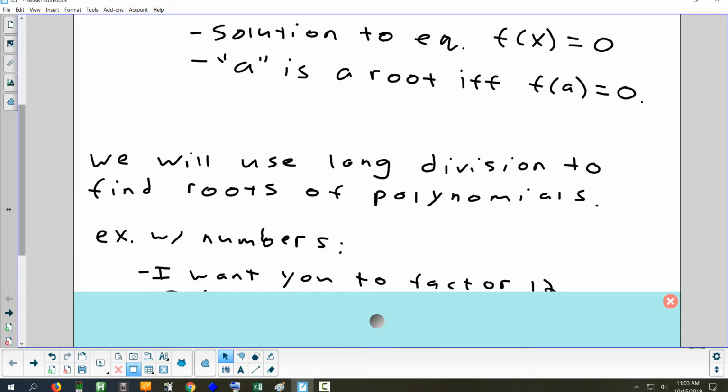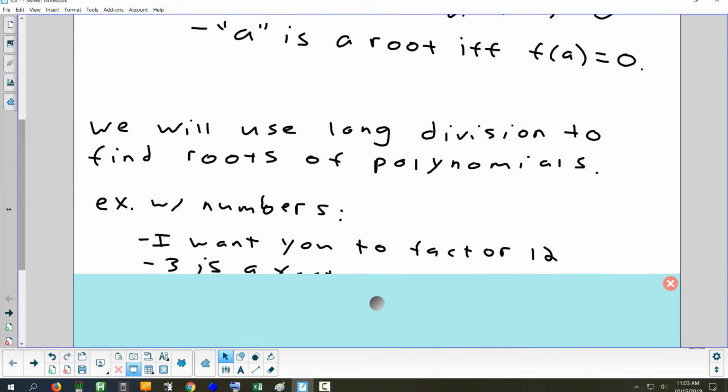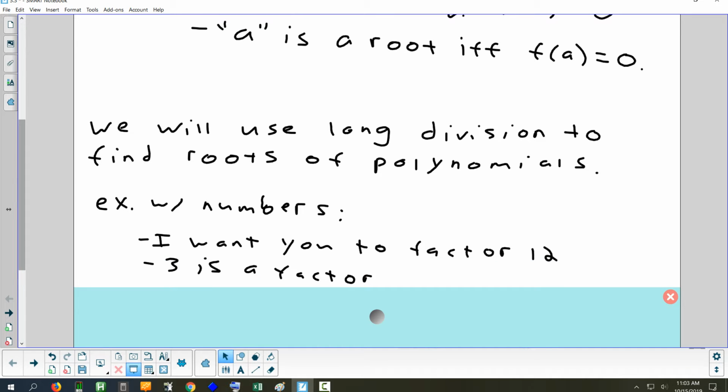All right. So let's say I wanted you to factor the number 12, and I tell you one of the factors. I'm going to tell you 3 is a factor. What could you do to get the other factor? If you want to factor the number 12, you know 3 is a factor. What can you do with it to get the other factor?